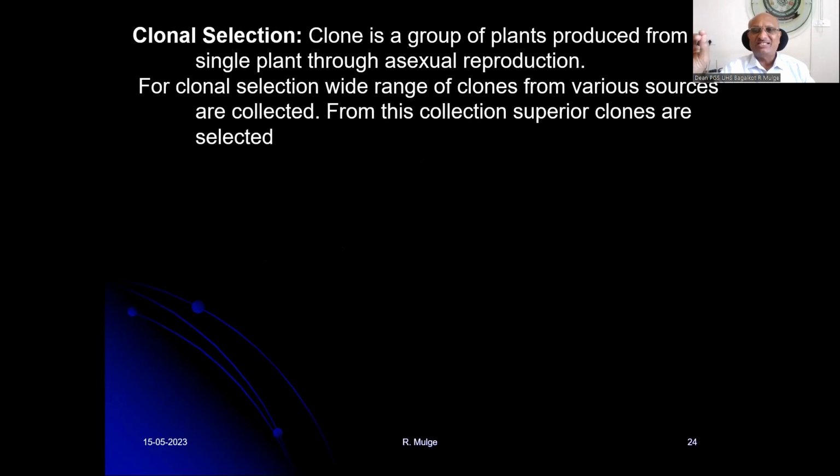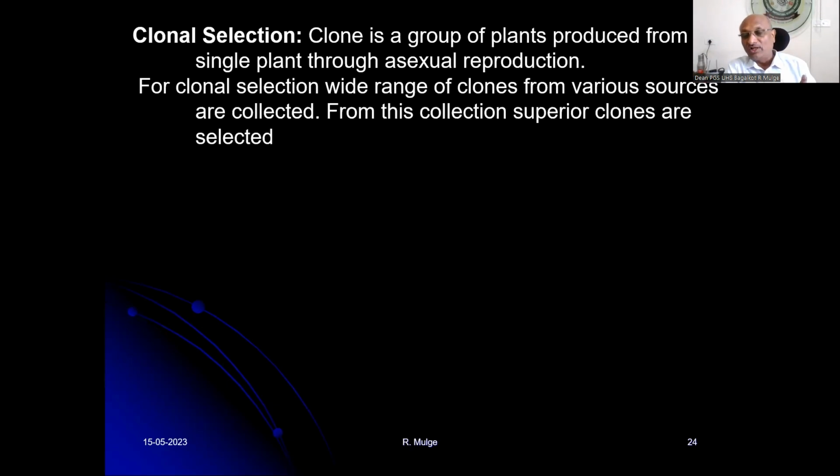Same like pure line selection, whatever the mother plant is, same thing is there in the approach. But the difference is that in pure line the mother plant is homozygous, but it need not be so in clonal selection. Whatever the mother plant, whether it is homozygous or heterozygous, you don't know. For clonal selection, to make the selection, again variability is required.